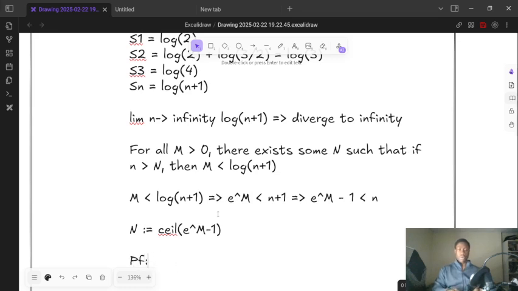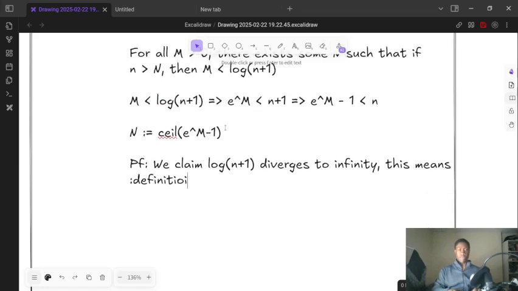We claim log of n plus 1 diverges to infinity. This means, by definition, and I'm not writing it twice because I already have it above, for all m greater than 0, for any m greater than 0, set N to be the ceiling of e to the m minus 1.